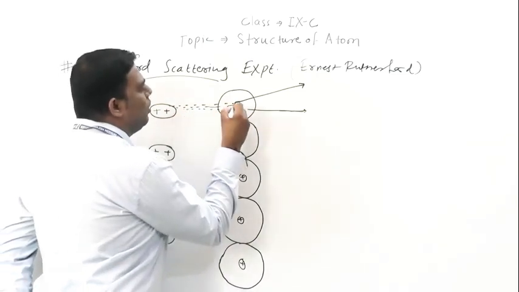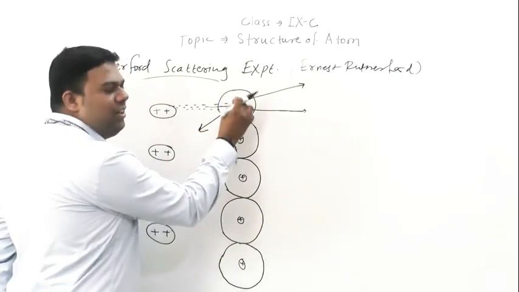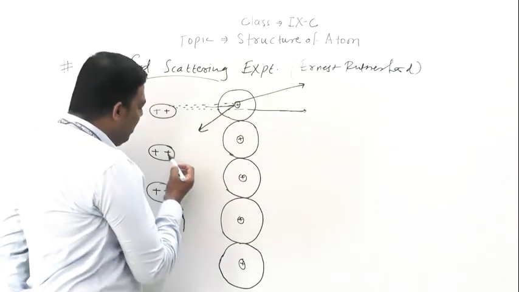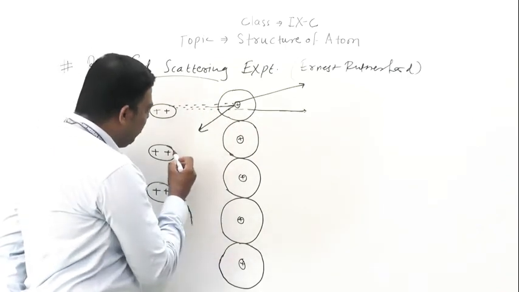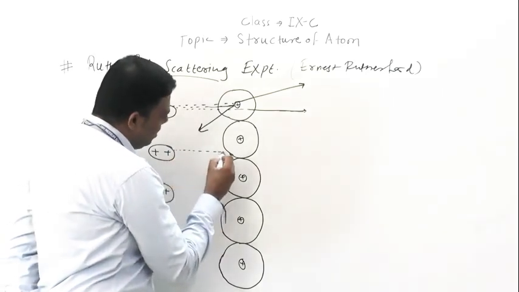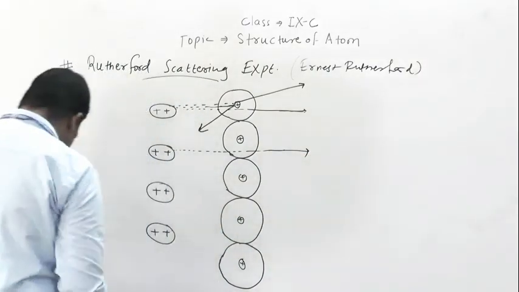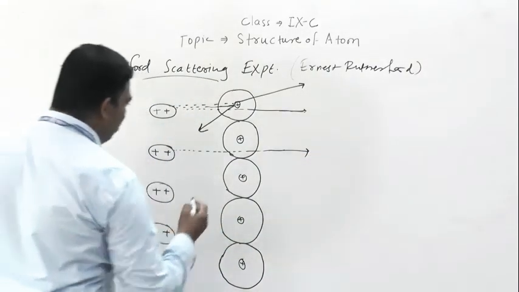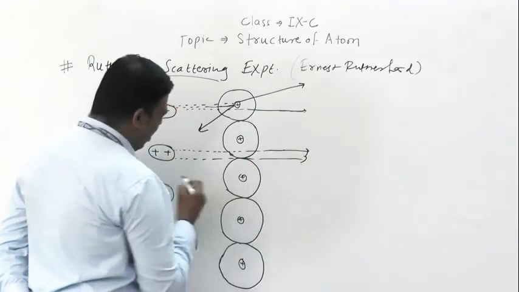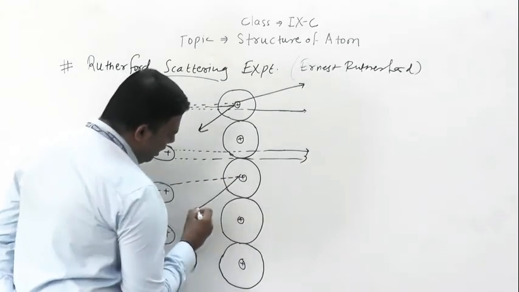Suppose like that: from here they got so much deflection because of the nucleus at the center. Now suppose this alpha particle we are bombarding goes like this, with a straight line. Next we will discuss more. Go straight. Suppose like that, and here there is deflection.